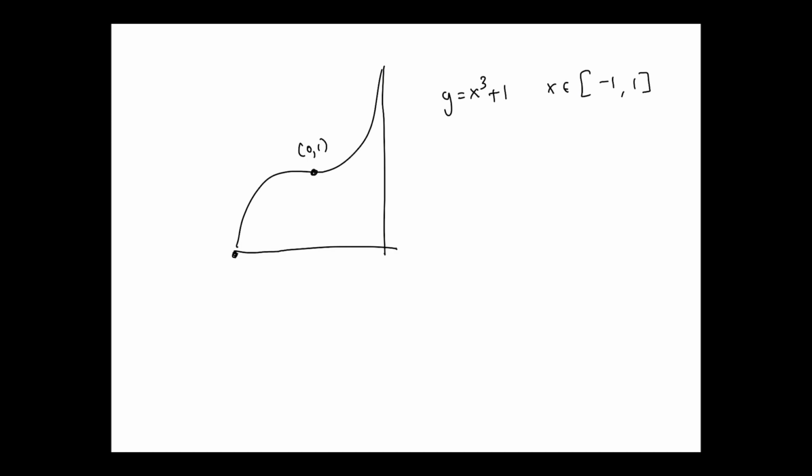Let's say that this point is -1 comma 0 and this point is 1 comma 2. So I'll just take x cubed and then shift it up a unit. And then just for the sake of example, I'll pick the x values between -1 and 1.